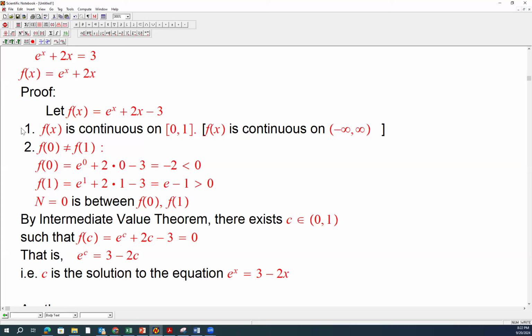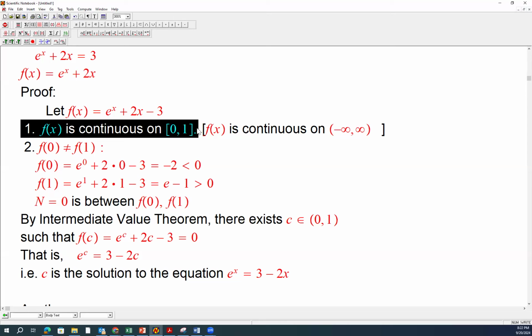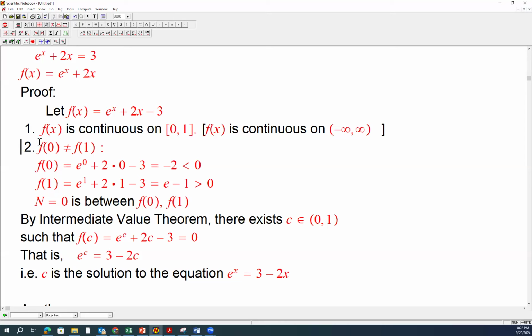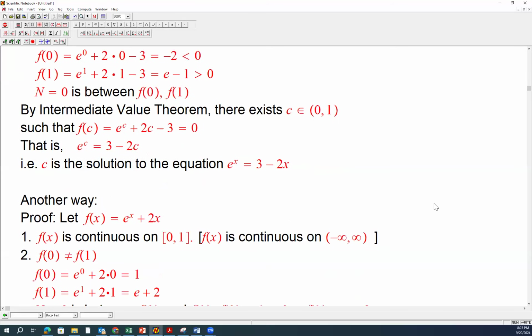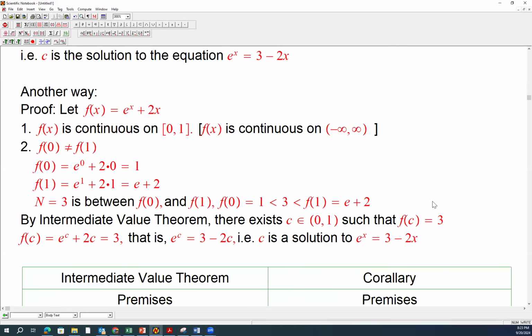Okay, but in this case, you also have to mention explicitly to the reader that the function is continuous on the closed interval. Yes, it is trivial, but you must mention it because it is called for by the theorem we are going to apply. All right. So these are the two different ways you can do that.